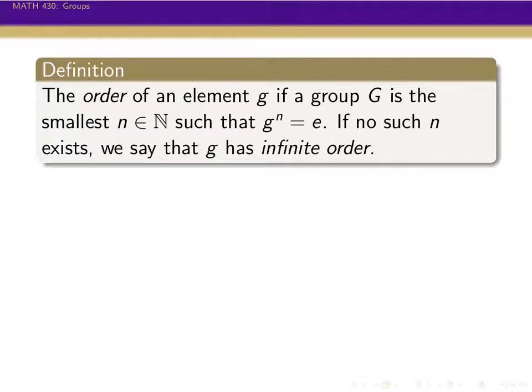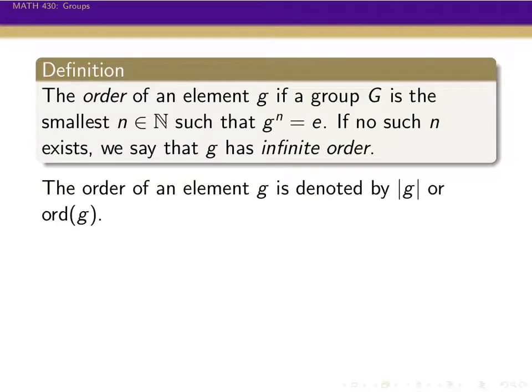And if there's no such n that makes this true, then we're going to say that g has infinite order. Okay, and the notation for this, in Joe Gallian's book, he uses the absolute value signs around g, but what I more often typically see for order is ord of g. So ord of g is used to talk about its order.